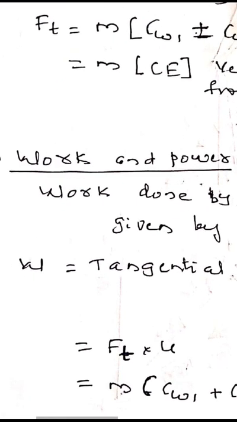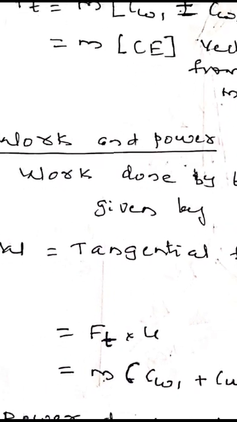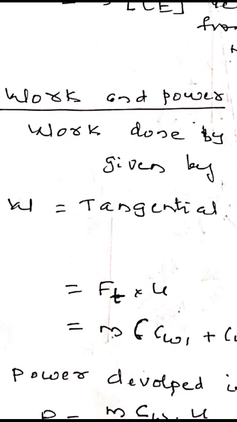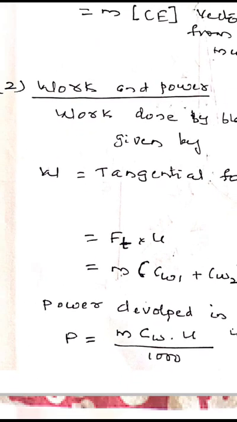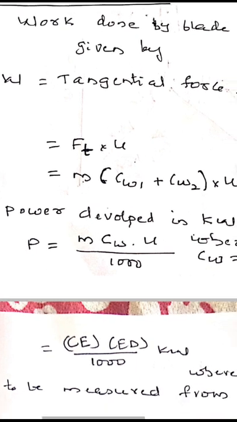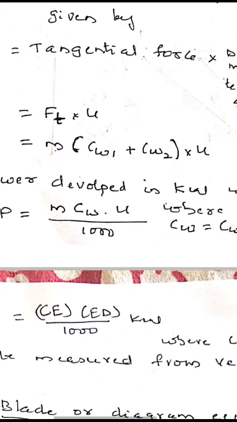Now, work done and power. What is work done? Work done is equal to force into distance. Work done per second equals force into distance moved by the blade per second. So tangential force Ft into blade velocity u, that is m into Cw1 plus Cw2 into u.